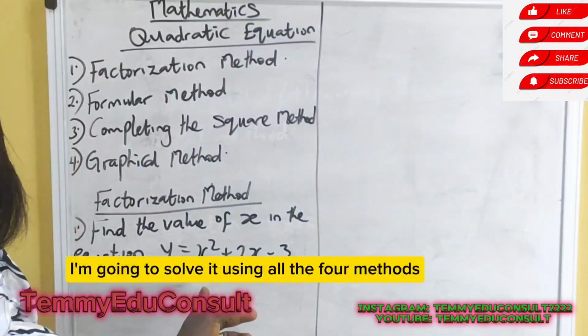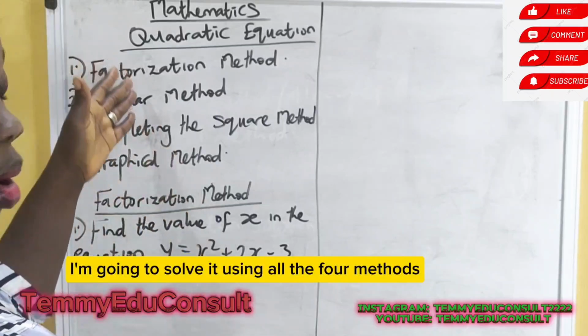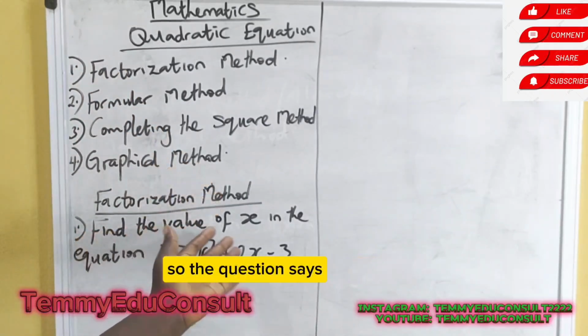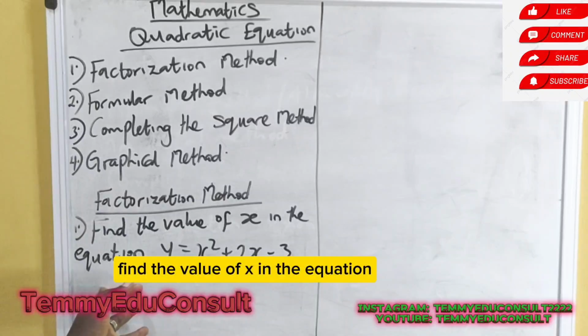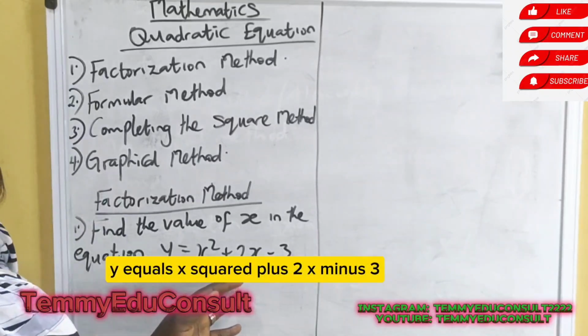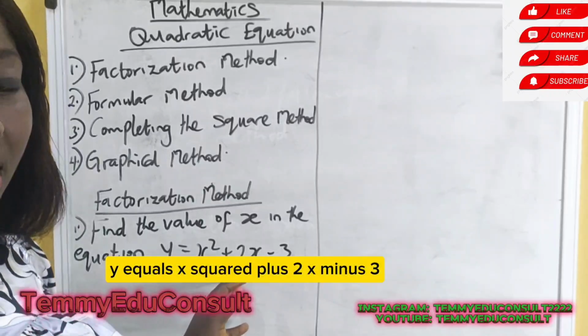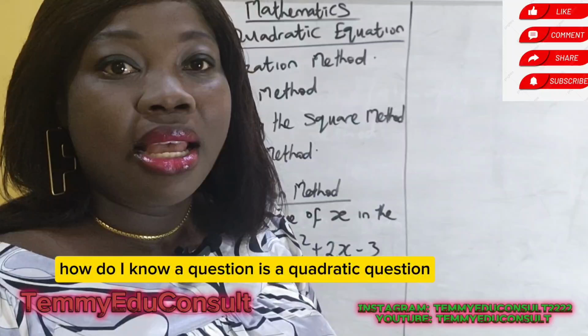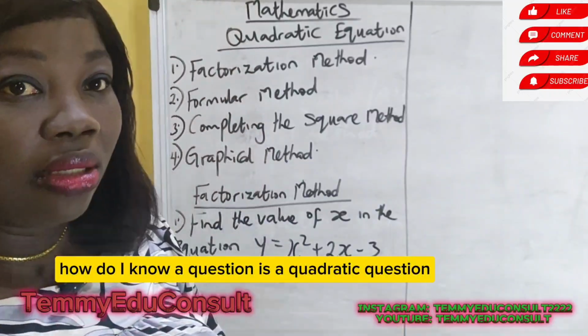This question, I'm going to solve it using all the four methods. So the question says, find the value of x in the equation y equals x squared plus 2x minus 3. How do I know a question is a quadratic question?